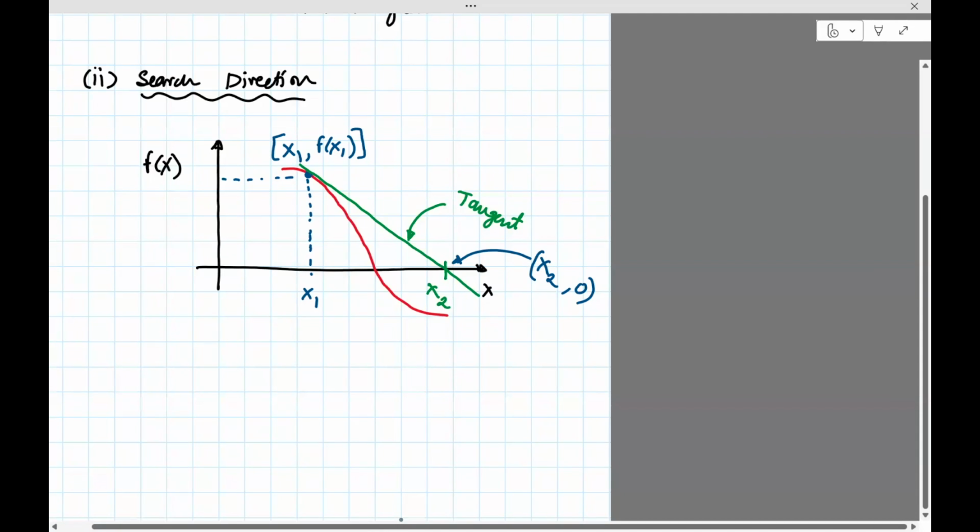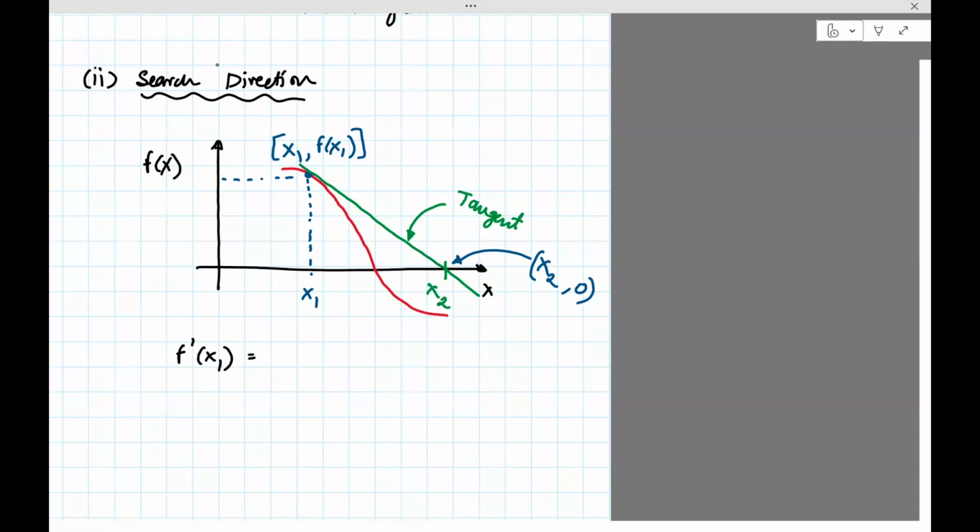So now we have to figure out what that x2 would be. So what we can do is write the equation of a straight line, that tangent. And you can see that the slope of the line is f prime of x1, right? That's if you have a curve, and you take the first derivative and evaluate it at x1, that is the slope.